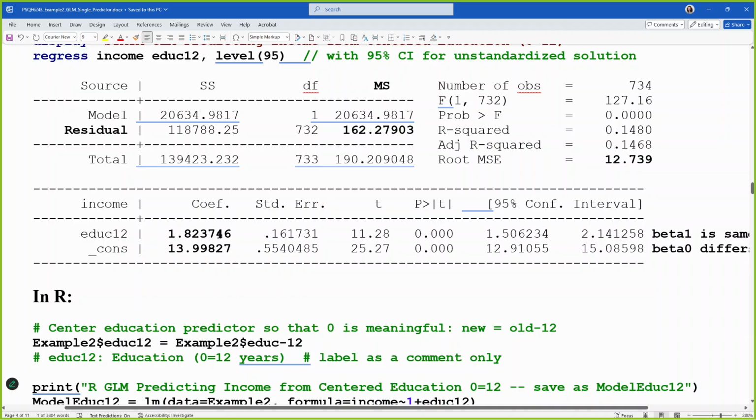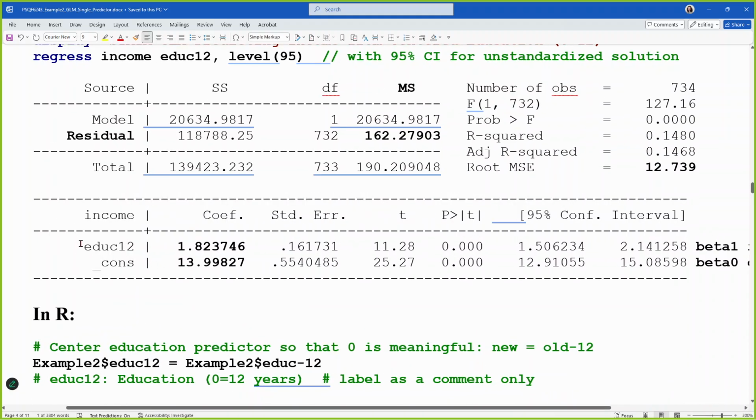Okay, so we've established education is significantly related to income. As education goes up, what happens to income? Up or down? Up, because it's positive. Is this slope within expected territory, if there really is no true slope, or is it in unexpected territory?